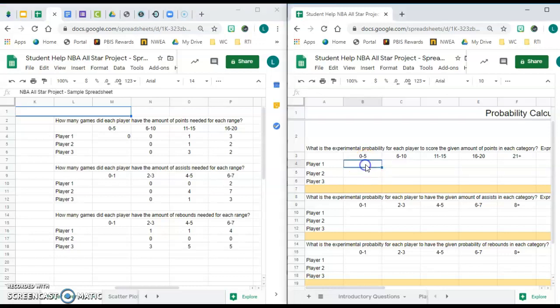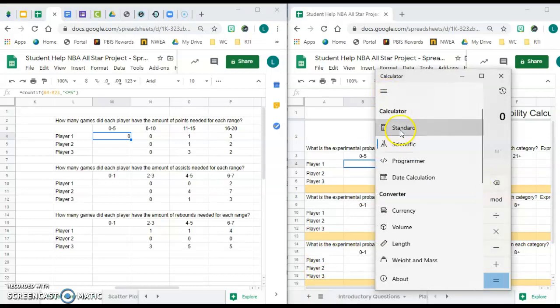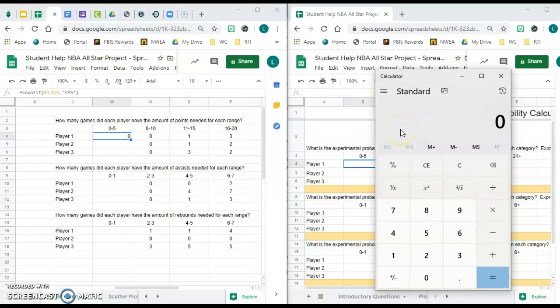And so what you're going to do is you are going to click on the first box, and we are going to do this box next to player 1, 0 to 5 corresponds with player 1, 0 to 5 in the first box over here. And so we're going to use our calculator, and we are going to find the probability of them scoring from 0 to 5 points per game.